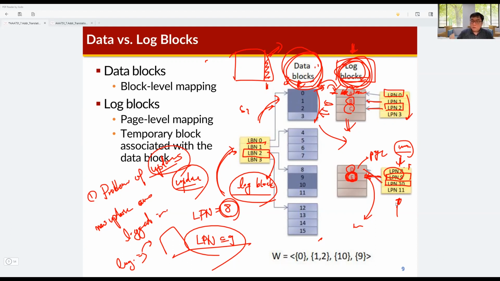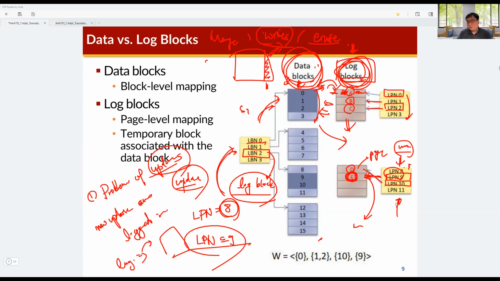That is called the merge operation. This merge operation is the performance overhead of the hybrid mapping mechanism, because it creates additional write requests to the NAND flash memory. Also, it creates erase operations to NAND flash memory. So with this merging, it performs more writes and erases.